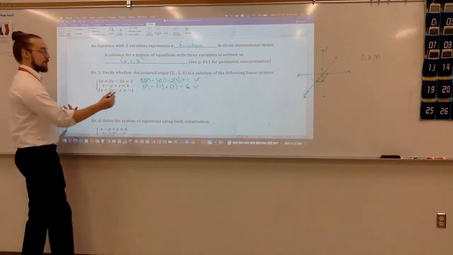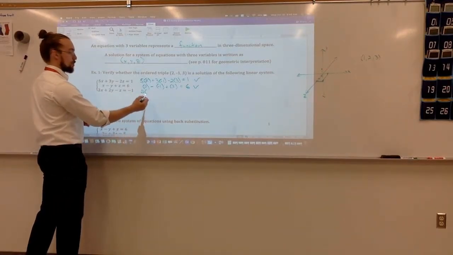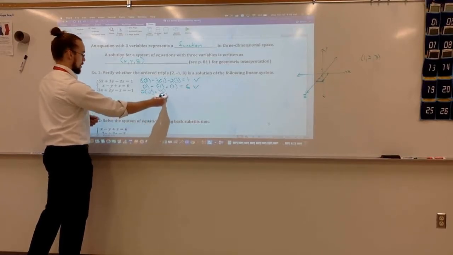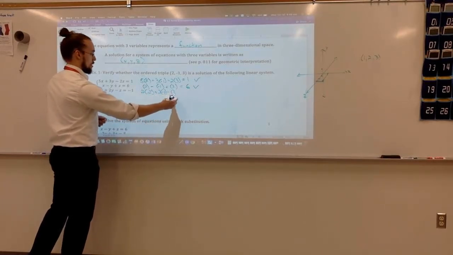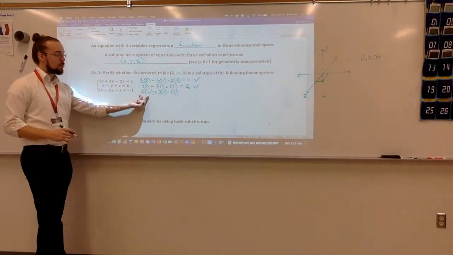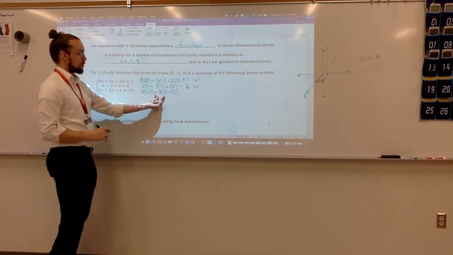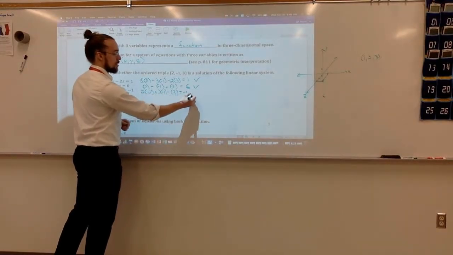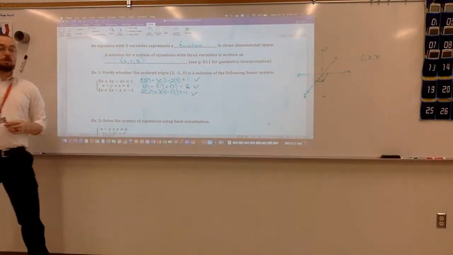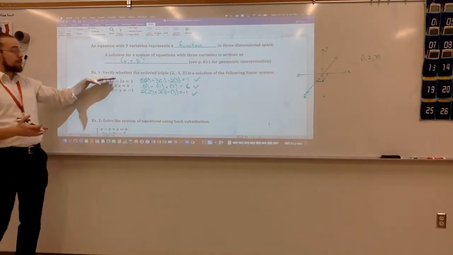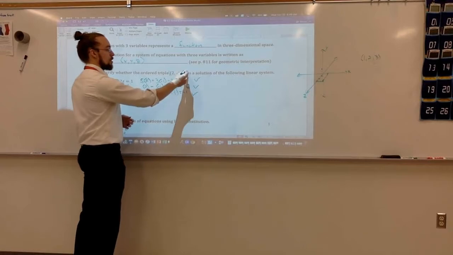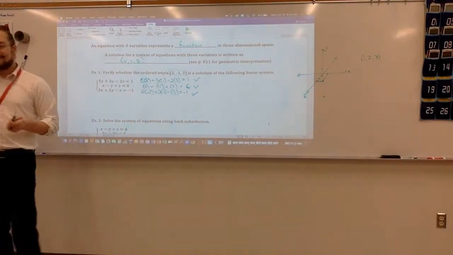The last one, I plug 2, -1, and 3 in: 2 times 2 plus 2 times -1 minus 3. So 4 minus 2 is 2, minus 3 is -1. Since all 3 of those work, (2, -1, 3) is a solution.